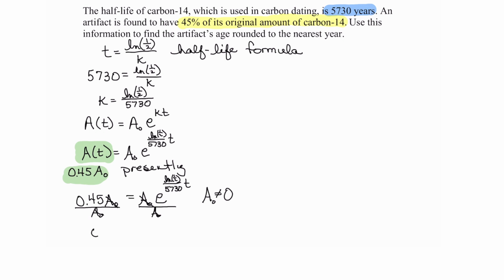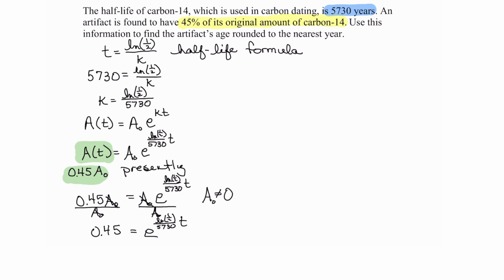So then we get 0.45 is equal to e to the natural log of 1/2 divided by 5,730 times t. To solve this, we will go ahead and take the natural log of both sides since our base is e.